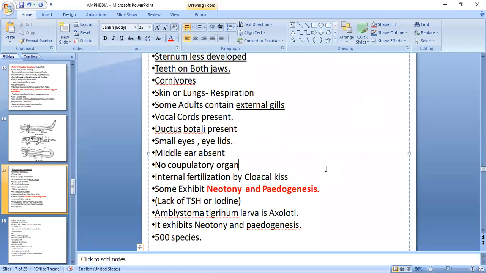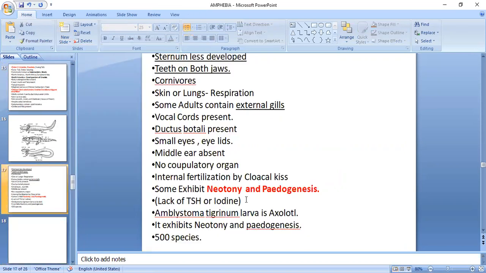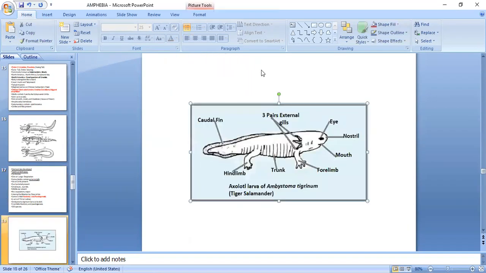Due to lack of that hormone, or lack of the hormone-preparing molecule iodine, the larva will stay for much of its life history in the form of larva. Such a phenomenon is known as neoteny.